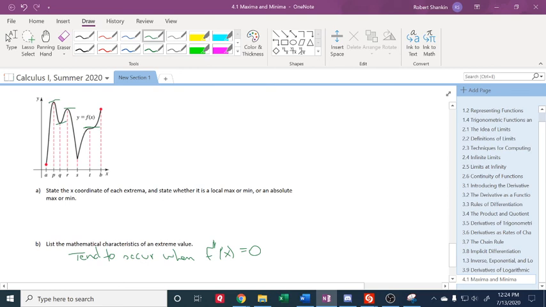When the tangent line is horizontal, that's when we tend to see an extreme value.